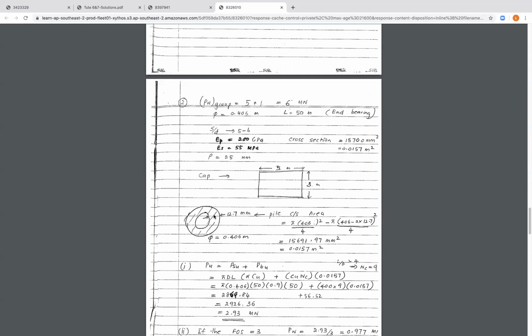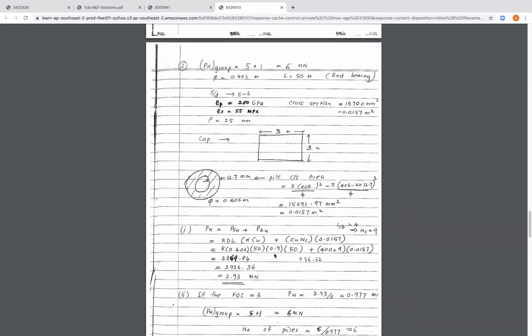So we only need the actual area of the pile material, which is obviously the shell area. To calculate that, we apply this formula, considering the external circle and the internal circle, and then work out the area within the shell. And that's how we calculate it.